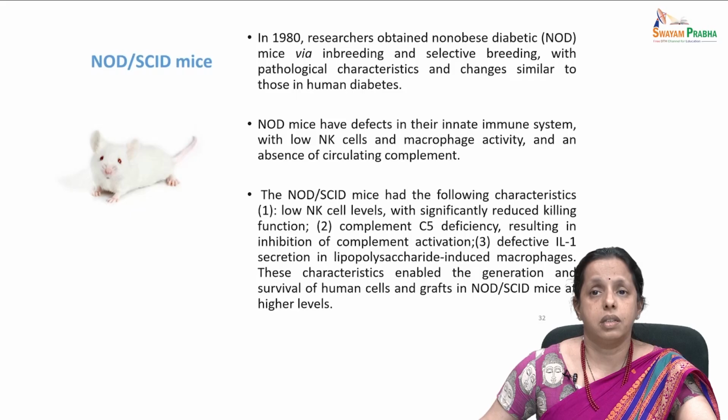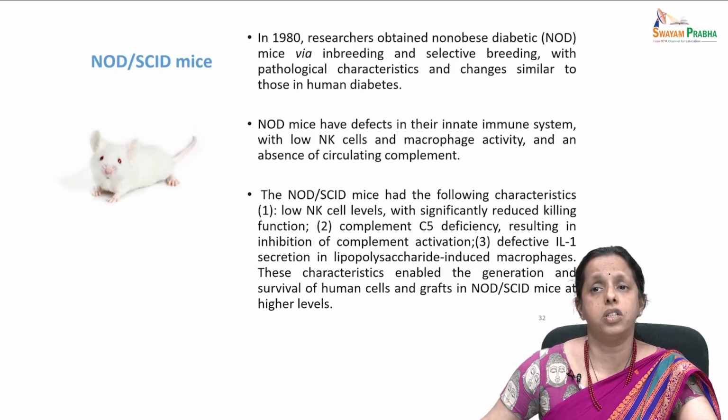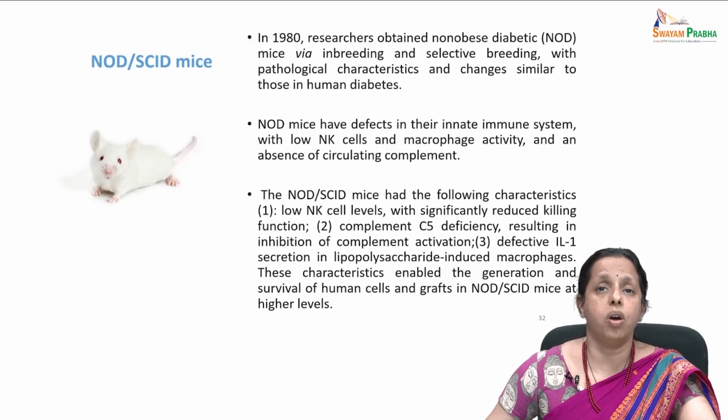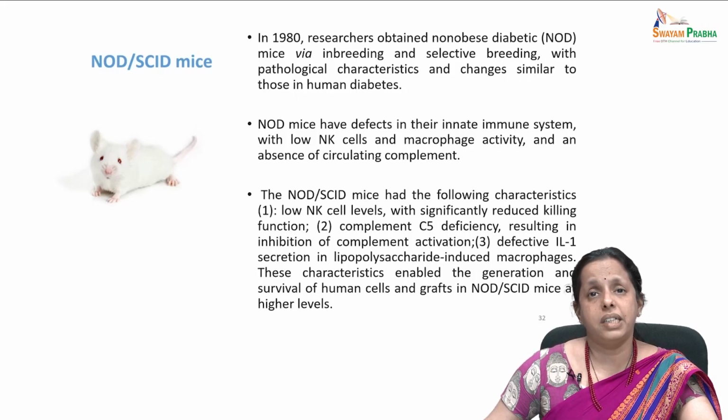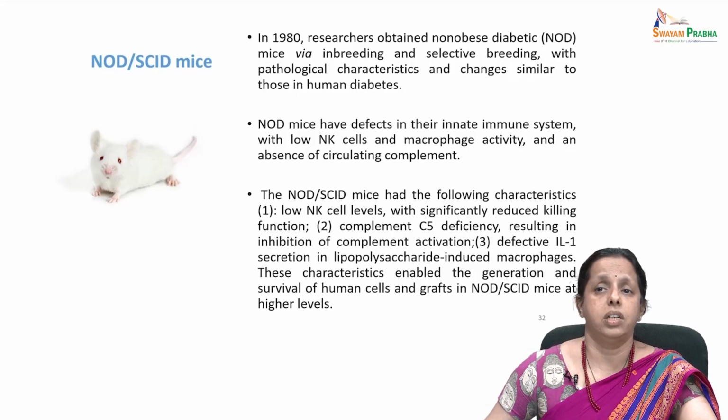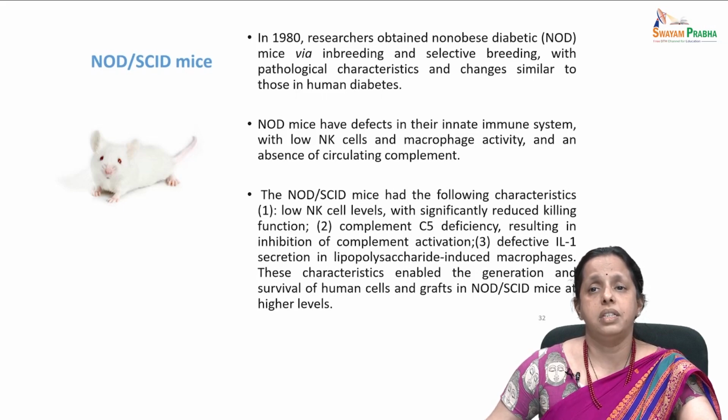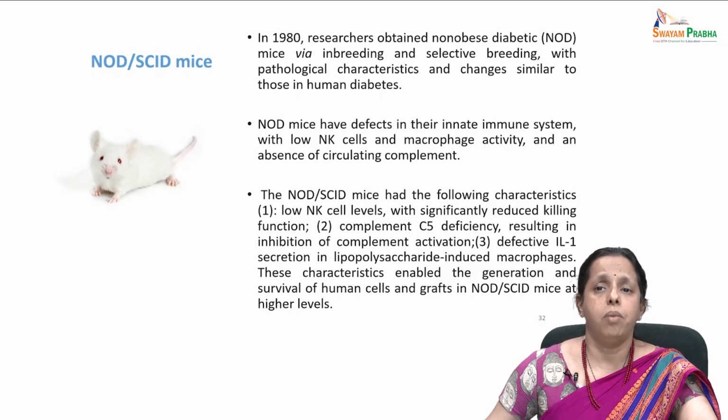Successfully, researchers introduced the SCID mutation into the NOD mice in 1995. So, they had a functional loss of T and B lymphocytes as mentioned before, and other immune cells, as well as defective natural killer cell function, which resulted in a higher degree of immunodeficiency than in the previously noted mouse models.